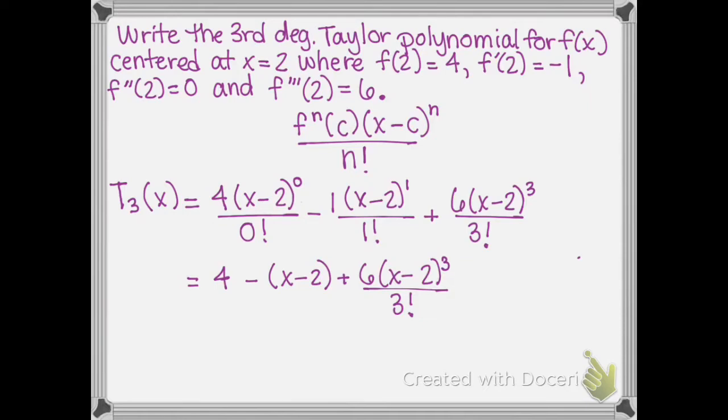Okay, so today we're going to start with a new topic called manipulating Maclaurin series. It's where we take a known Maclaurin series, like e to the x, sine x, cosine x, and we manipulate it to get the Maclaurin series for a different function.